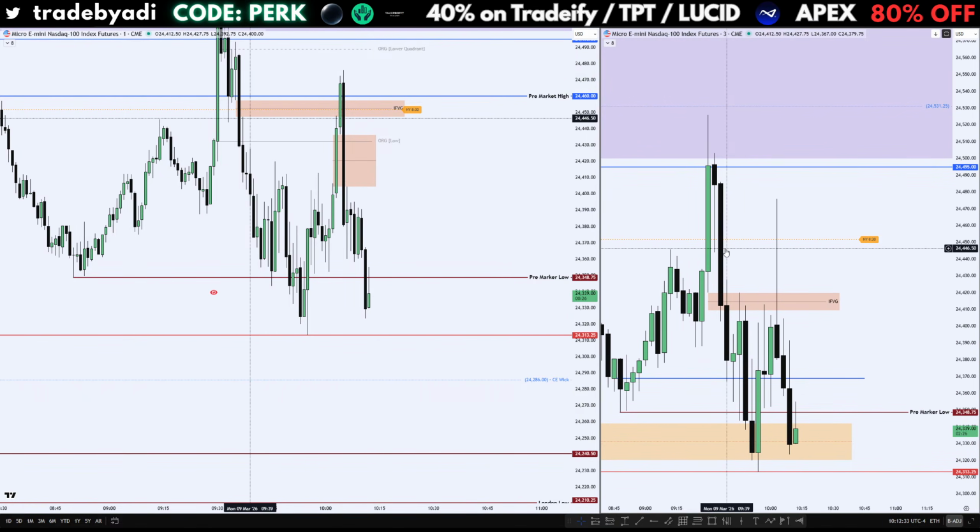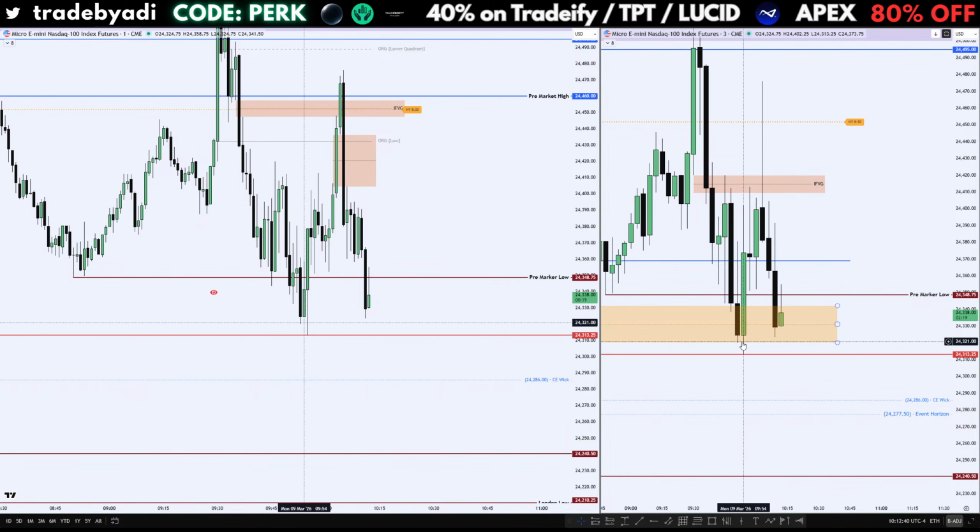On a 3 minute, we still respect this gap, and we have a change in state of delivery again on this candle.